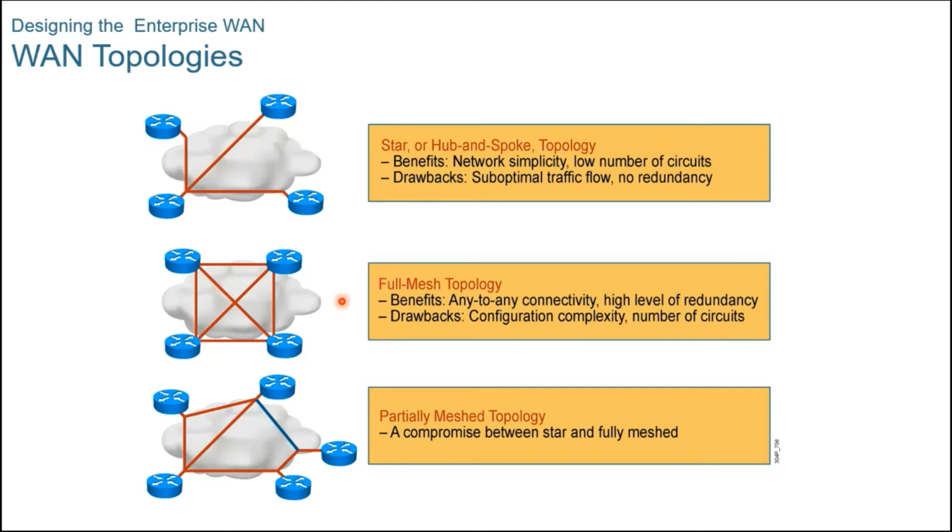The next topology is a full mesh topology. Benefits: any-to-any connectivity, high level of redundancy. Drawbacks: configuration complexity, and of course the number of circuits. And you also have the partially meshed topology, a compromise between the star and a fully meshed.